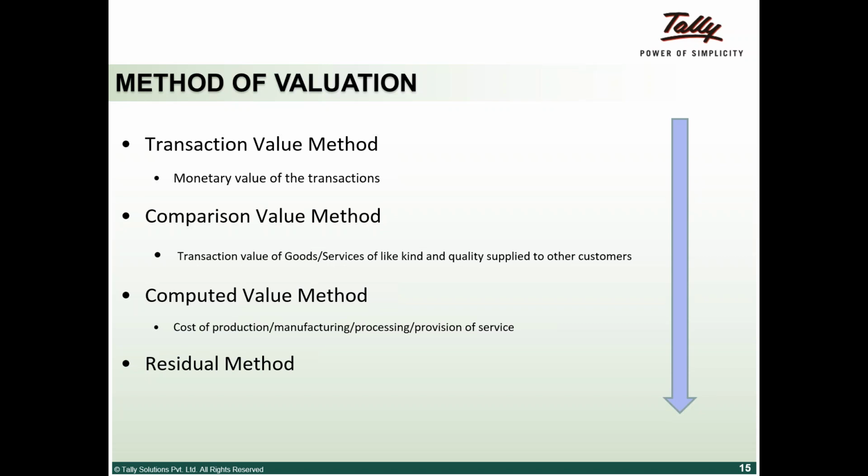Is 10 the right rate? You won't want to get there, but the transaction value method is the preferred one. If that cannot be done, they go by comparison. If that also cannot be done, they go by computed value, and a residual method which will be defined by the empowered group of ministers, empowered committee basically.